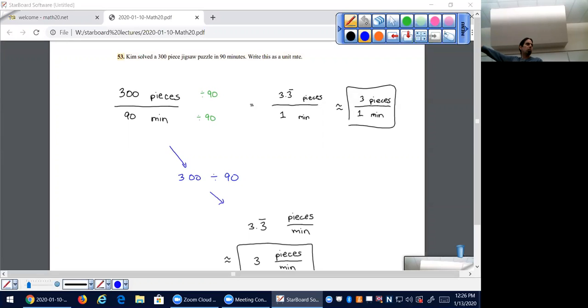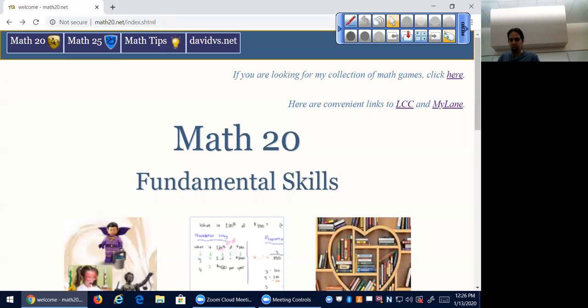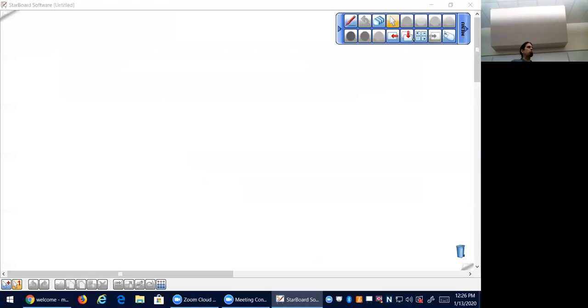Okay, anyone need this up more? We're good. Okay, then I'll get rid of that. More fractions homework questions before we start a new thing.